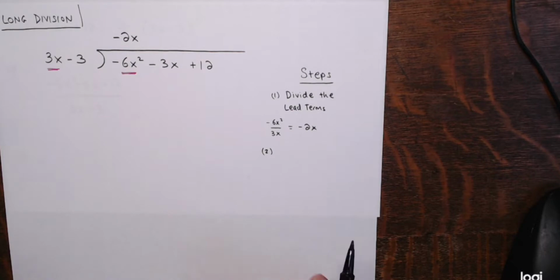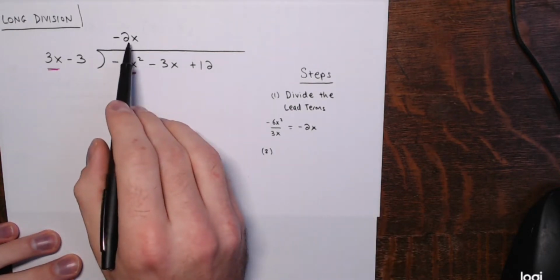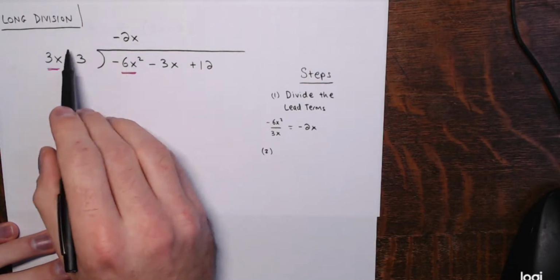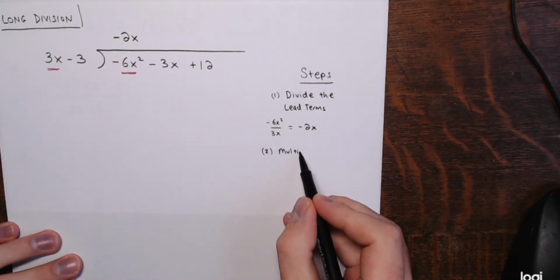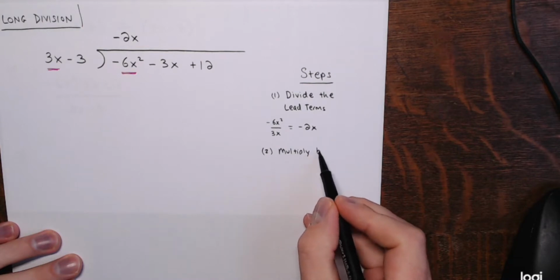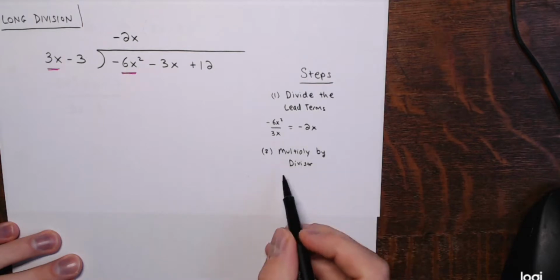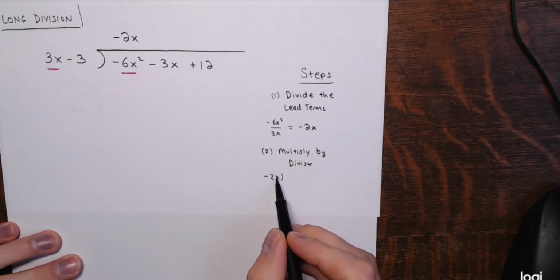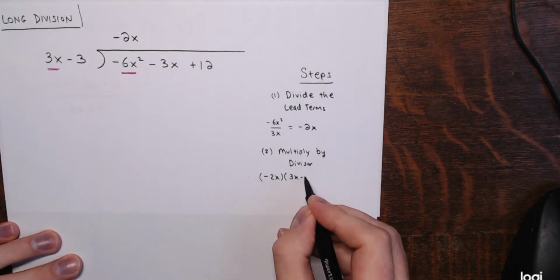Step 2. We then take this thing we just wrote, this term, negative 2x, and multiply by the divisor. So I'm going to take this negative 2x we just wrote and multiply it by the divisor, which is 3x minus 3.